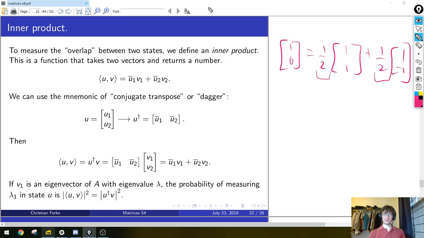The idea of an inner product is a function that takes in two vectors and gives you a number.